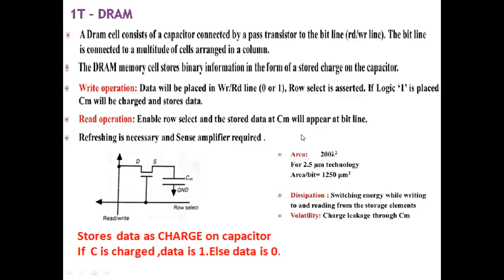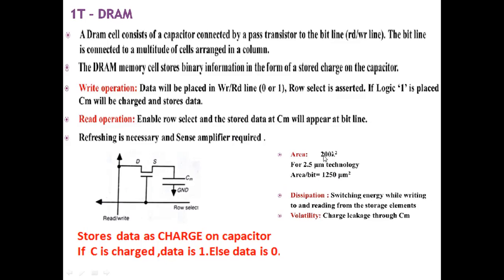Regarding the area required, it is also mentioned here. The amount of area required to fabricate this 1 transistor dynamic RAM cell is 200 lambda square for 2.5 micrometer technology, and the area required to store 1 bit of information is 1250 micrometer square.